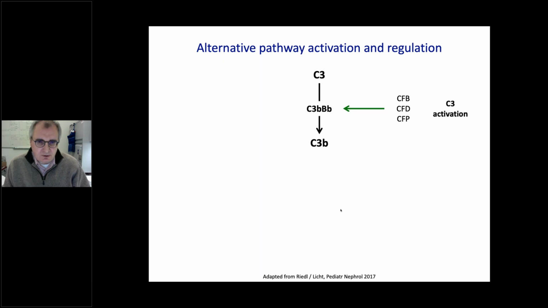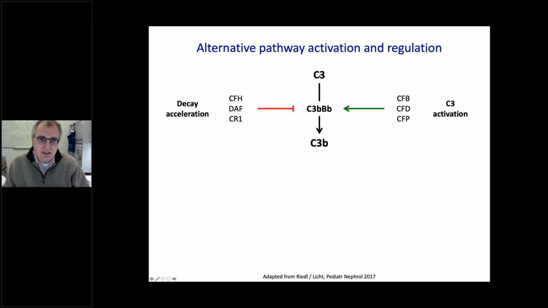To understand the role of complement in MPGN or C3G, it might be helpful to look a bit more into this central step of C3 activation. I just mentioned it.